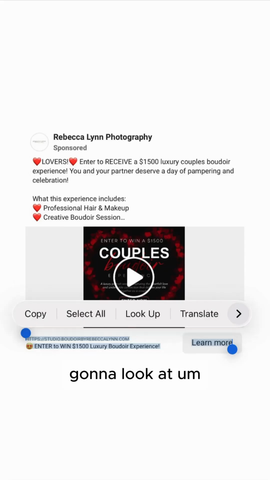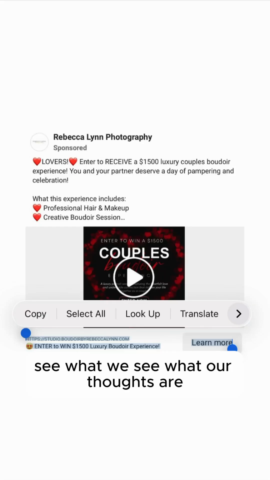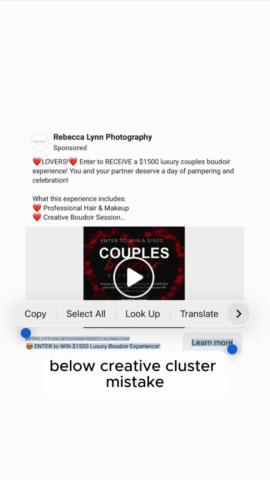Going to look at kind of diagnosis here, see what our thoughts are. So what I'm seeing right now is the below creative cluster mistake. Got to highlight it.